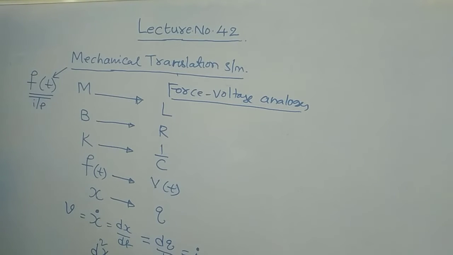This is d by dt of dx by dt. What is dx by dt? It is I. So you can write di by dt. Therefore d square x by dt square is equivalent to di by dt.